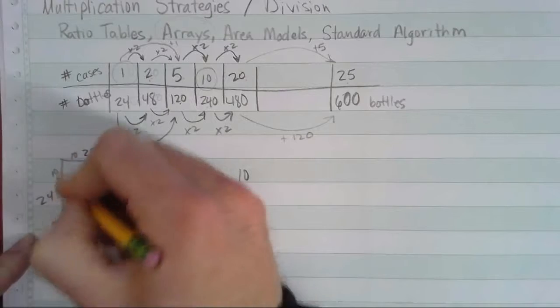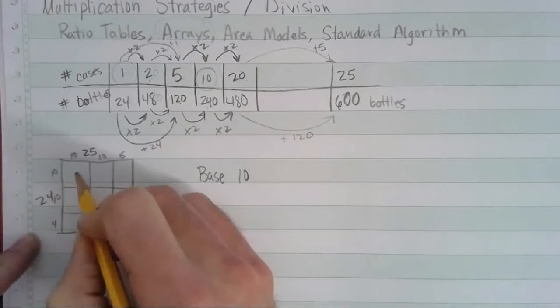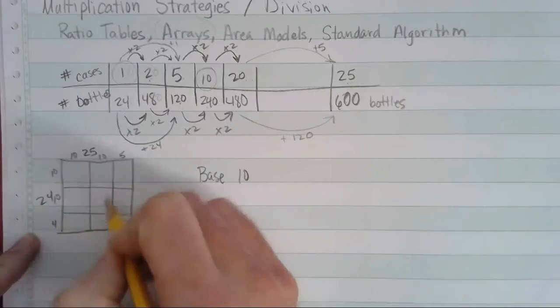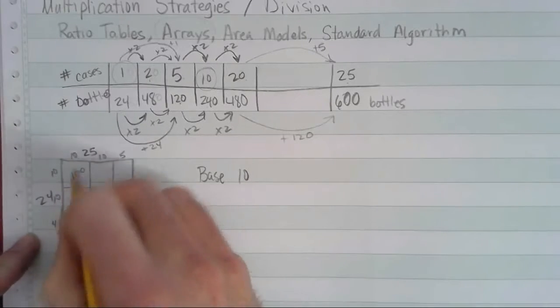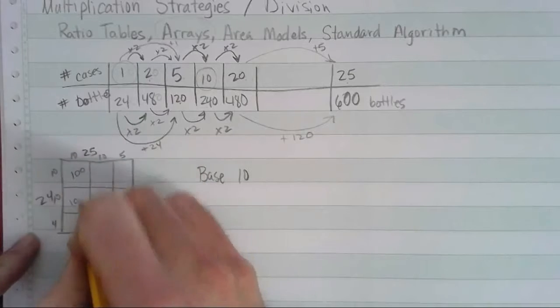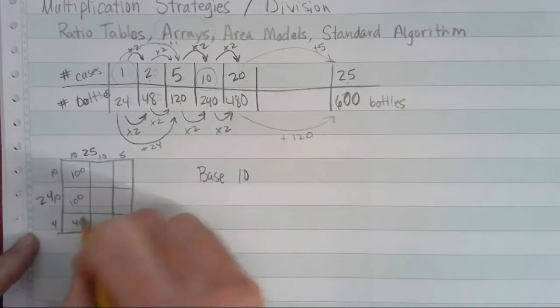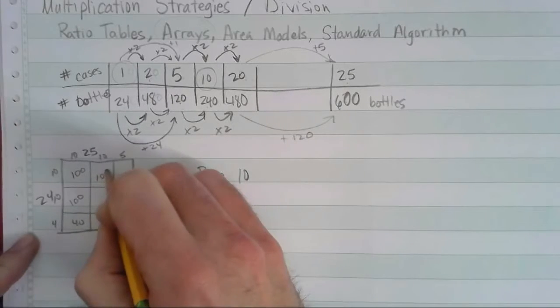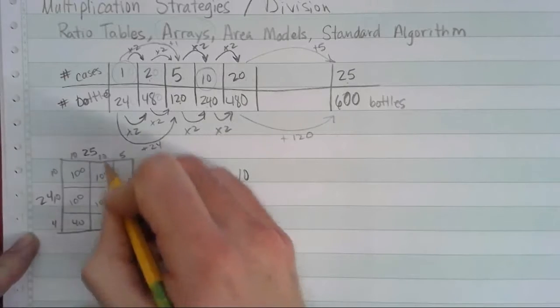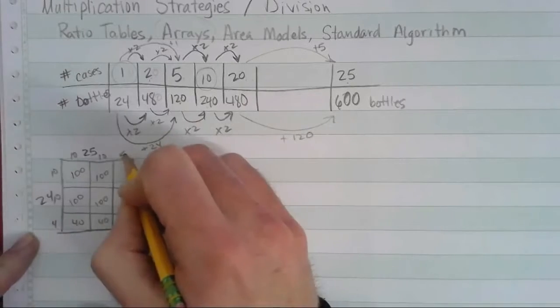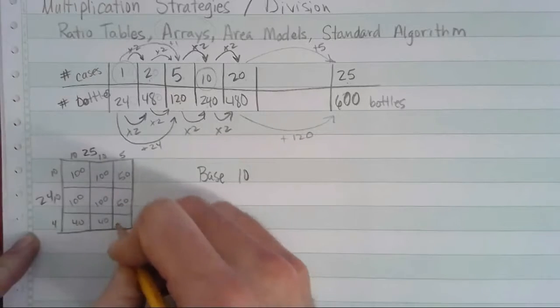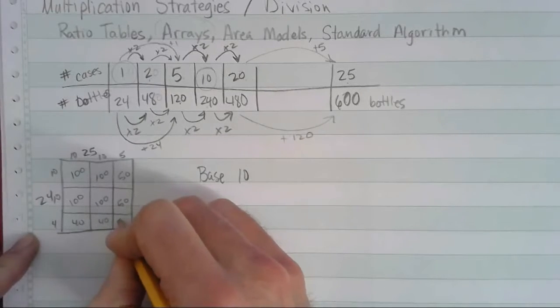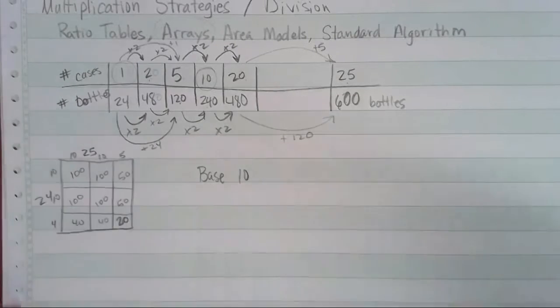And then what we do from here is we figure out how much is in each box, and we figure out our array. 10 and 10, 100. 10 and 10, 100. 10 and 4, 40. 10 and 10, 100. 10 and 10, 100. 10 and 4, 40. 5 and 10, 50. 5 and 10, 50. 5 and 4, 20.